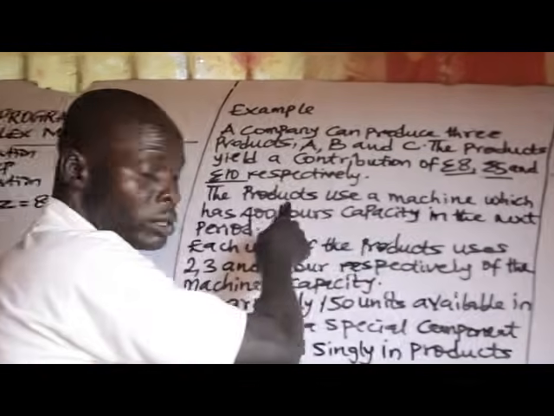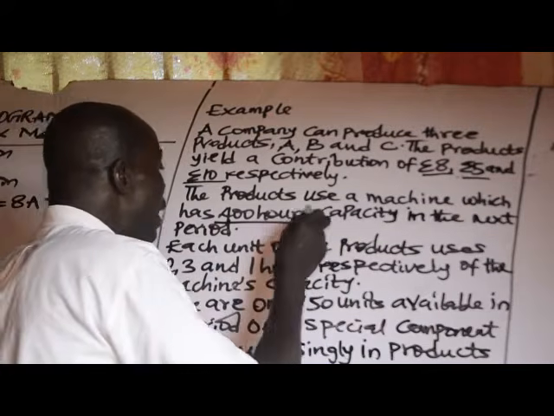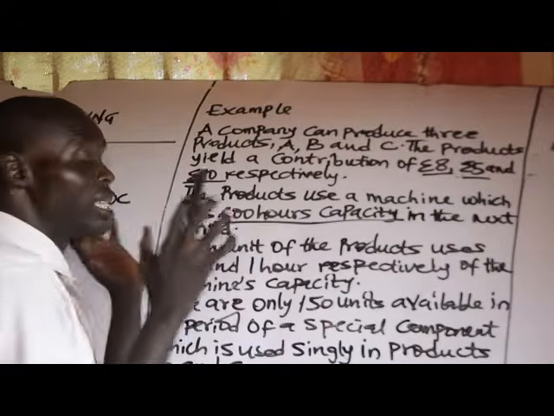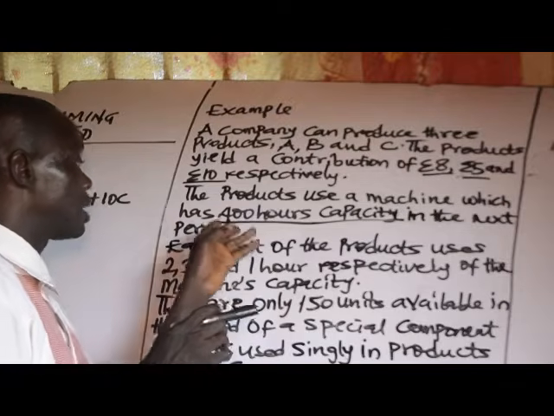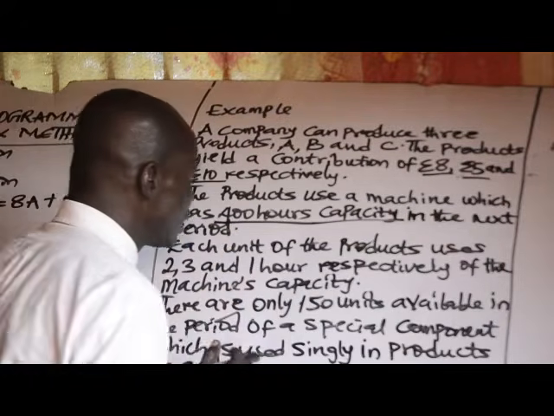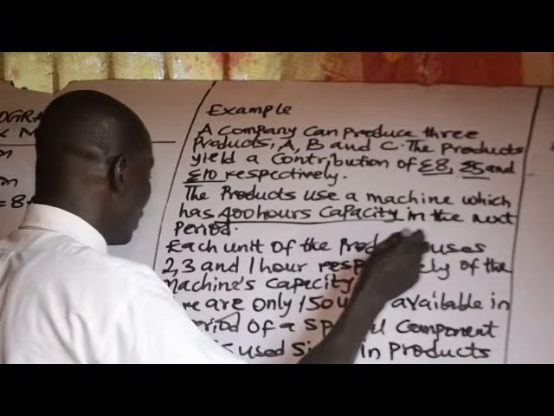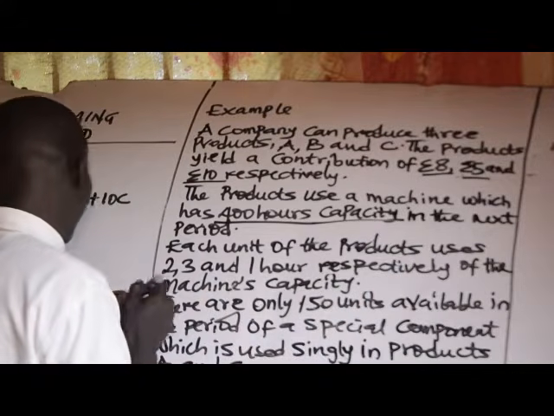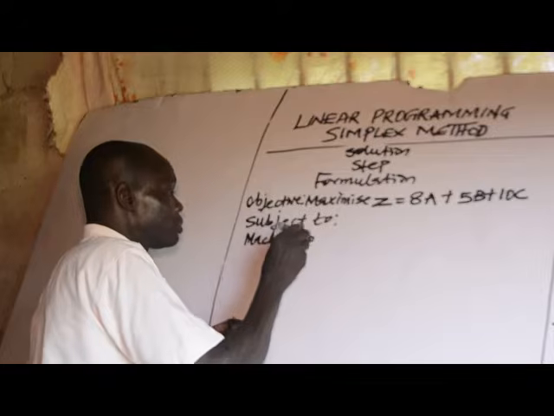The products use a machine which has 400 hours capacity. The machine capacity is limited to 400 hours. That is a constraint to the entity. In the next period, each unit of the products uses 2, 3, and 1 hour respectively of the machine capacity. So the first constraint is the machine capacity.